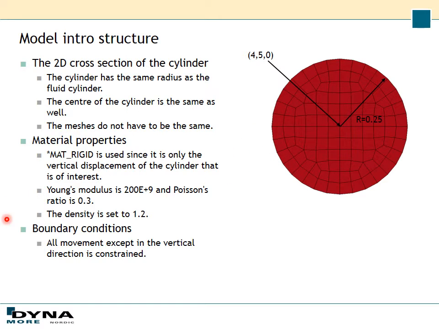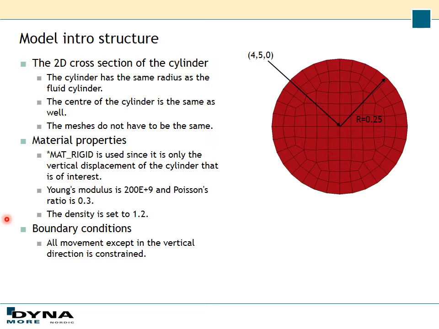And the material that we're going to use is mat rigid, since we're only going to look at the vertical displacement of the structure. And the Young's modulus is set to 200 times 10 to the power of 9, and the Poisson's ratio is set to 0.3, and the density is set to 1.2.